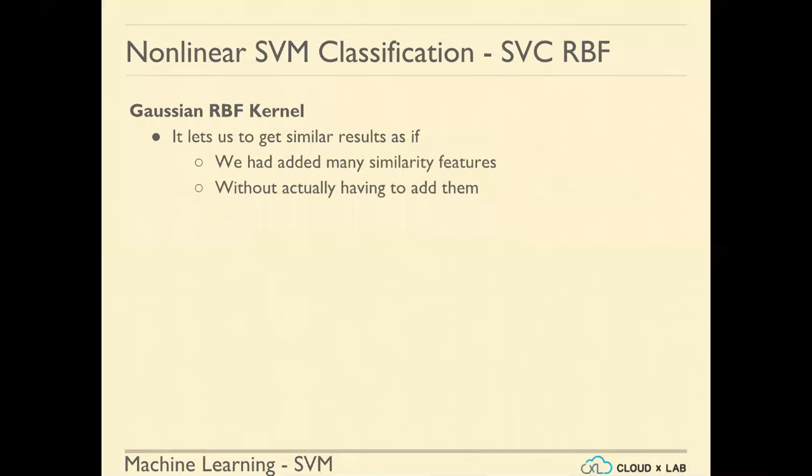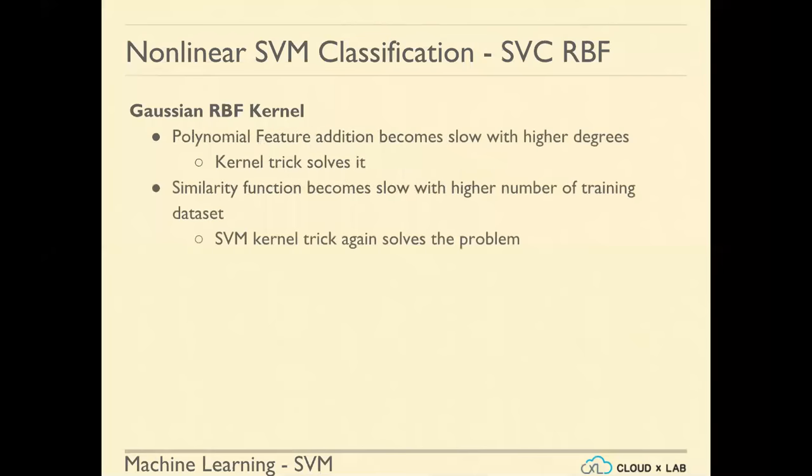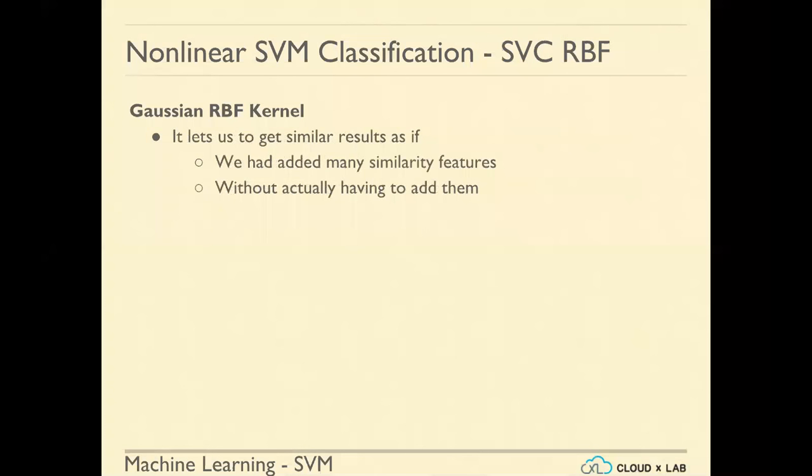So there is something called the Gaussian RBF kernel trick. We call it the SVM kernel trick again, and what it does is it lets us get similar results as if we had added many similarity features, without actually having to add them.